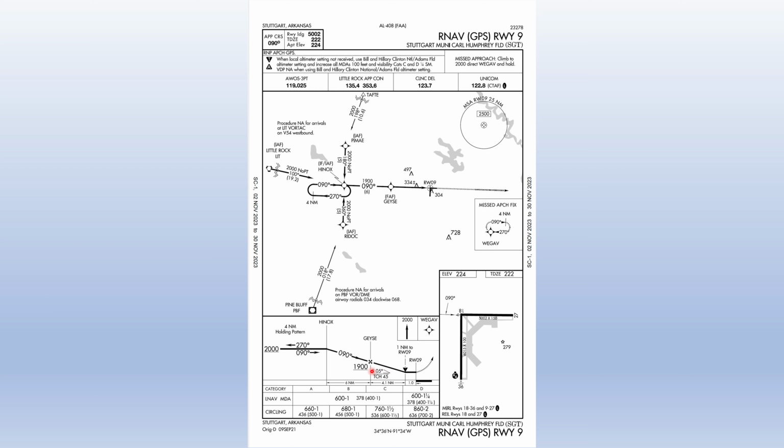And we'll talk all about all of that here in just a little bit. And then it tells us that the threshold crossing height, if we are on that descent path, is going to be 45 feet. So we will be 45 feet above the runway threshold if we are able to stay on this calculated descent path all the way to the runway.